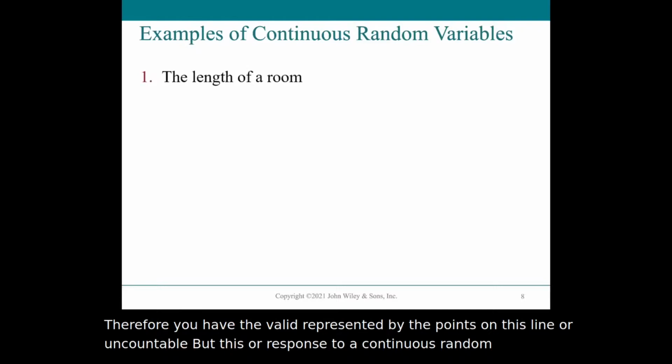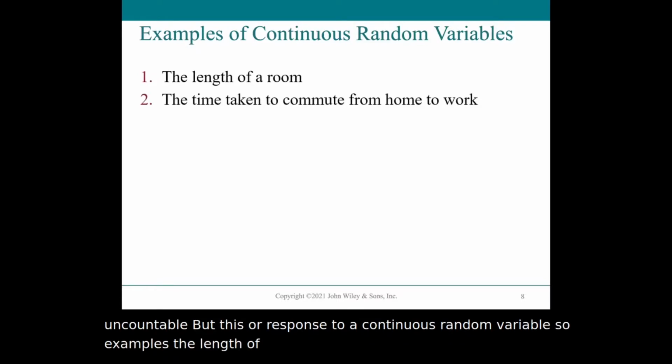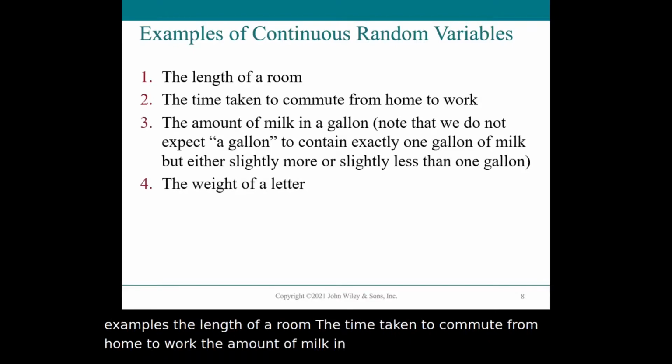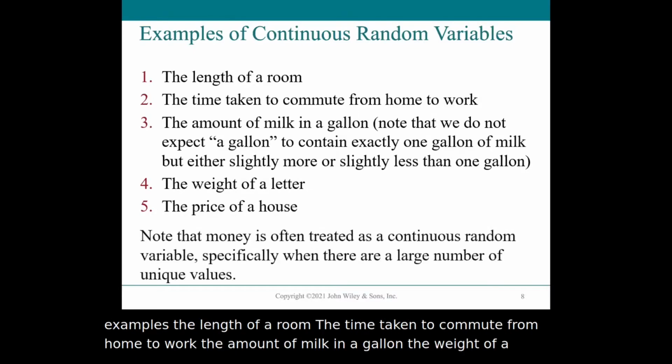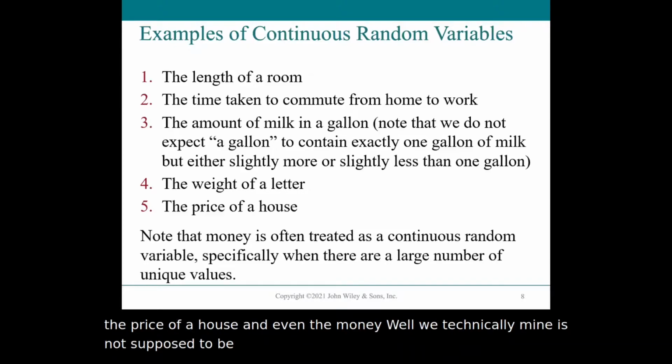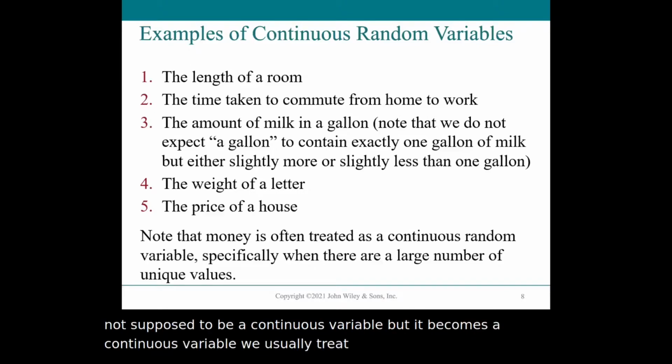Examples: the length of a room, the time taken to commute from home to work, the amount of milk in a gallon, the weight of a letter, the price of a house, and even money. Technically, money is not supposed to be a continuous variable, but we usually treat it as a continuous random variable.